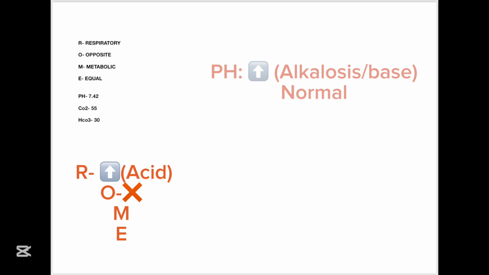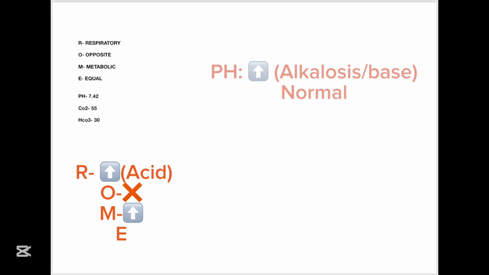So now let's look at the HCO3. The value is 30, the normal range is 22 to 26. So we can see that this value is high. So beside the M, we put that high arrow showing that it is increased. So if you compare it with the pH, you can see that the pH and the HCO3, that metabolic, are both in the same direction. So they're in equal direction. So we can say this is a metabolic problem.